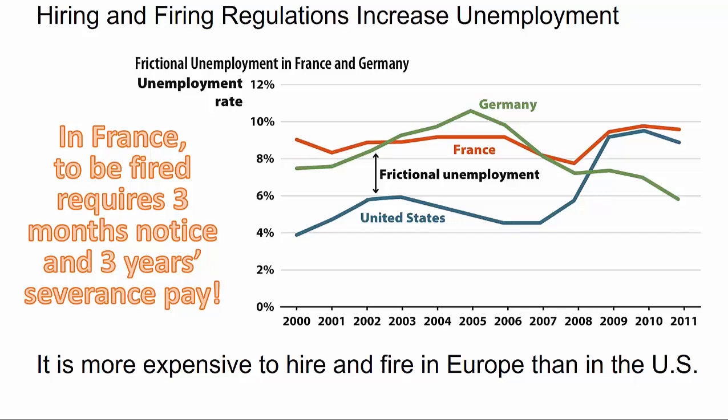But the reason is because it takes so much effort and so much expense to fire a worker and to hire a worker. And so businesses in Europe typically will not hire anybody unless they really, really have to, and so they will typically have a higher unemployment rate.